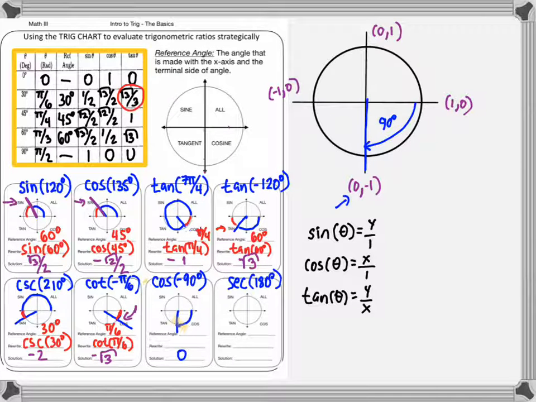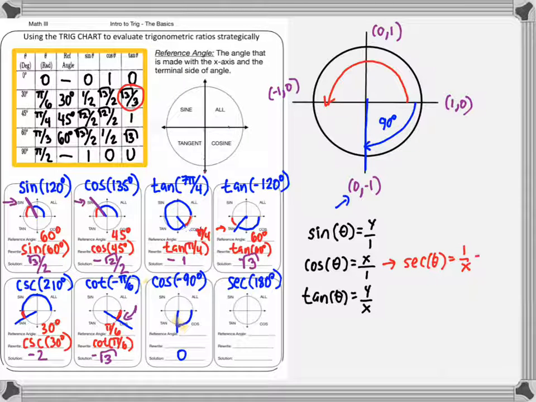Likewise, if I have the secant, which is the reciprocal of cosine, I notice that secant of an angle is going to be 1 over x.